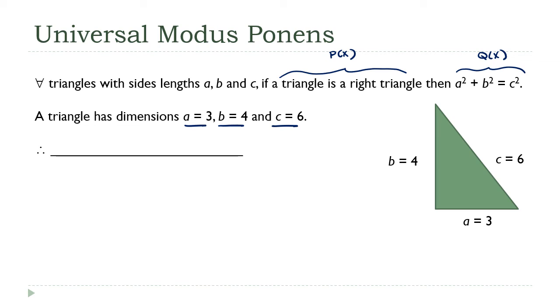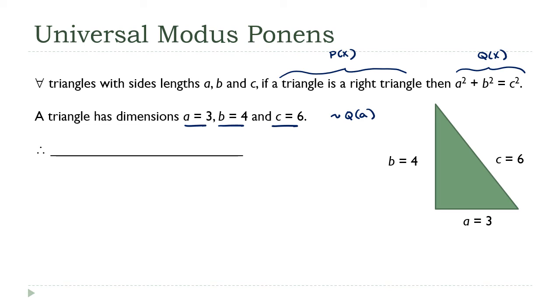Now, given these dimensions, you can quickly confirm that they don't satisfy the equation in Q. So this part of the statement would be not Q for the specific triangle. The notation here is a little bit inconvenient.